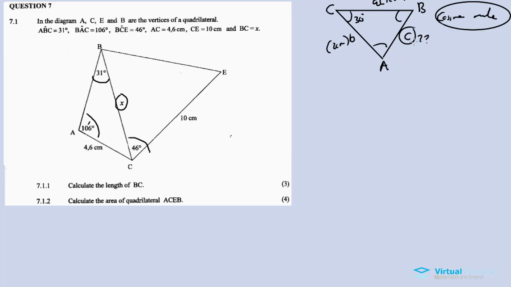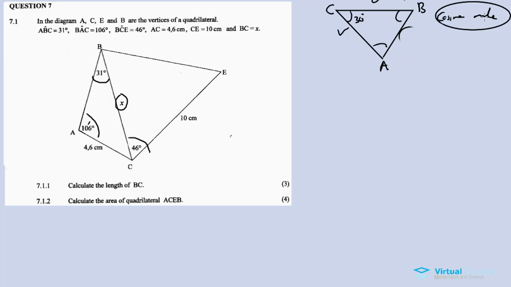Now here we apply the sine rule. The sine rule is applied in such a case where they do not give you two sides and the angle in between, but opposite sides and angles are given.